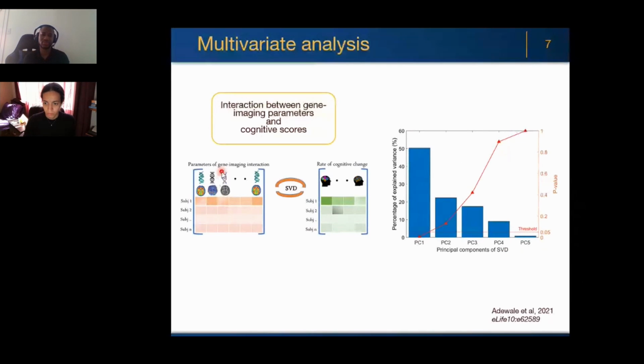So we actually did this for both LV aging and Alzheimer's disease, but I will use LV aging as a case study.